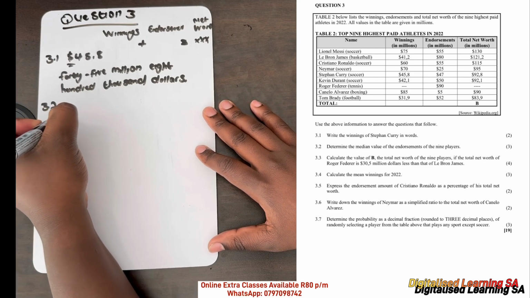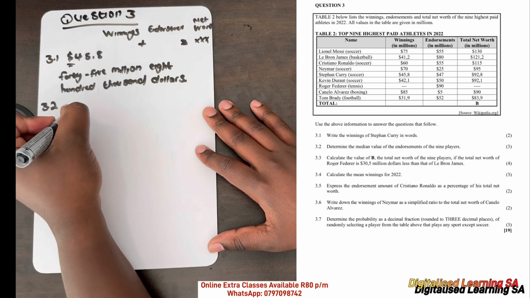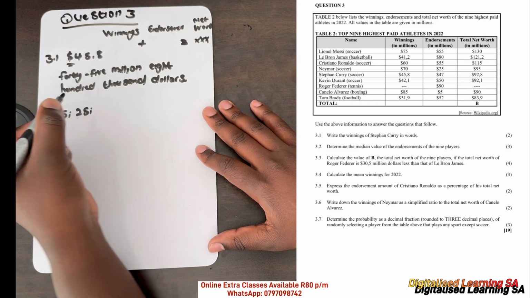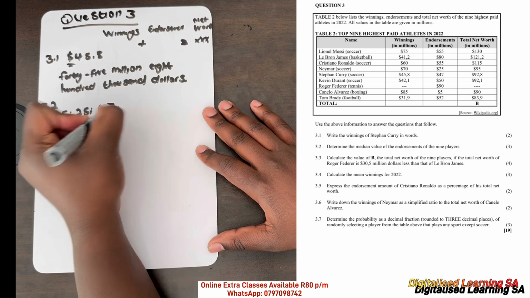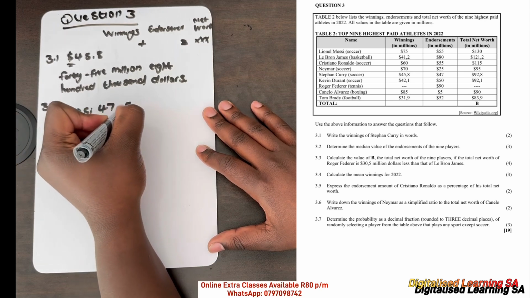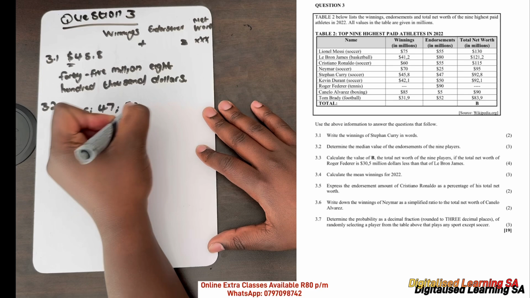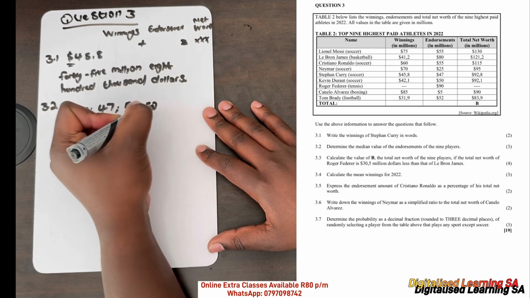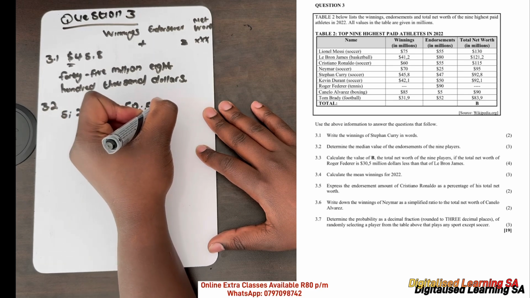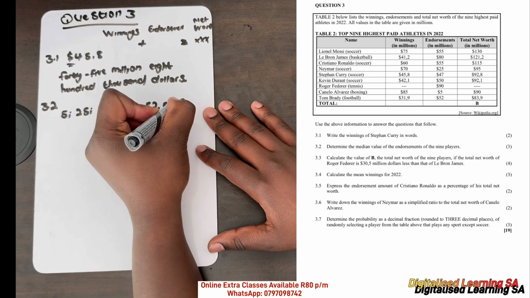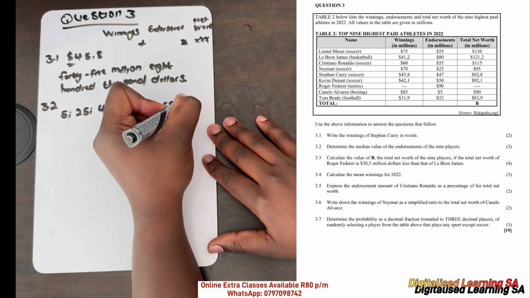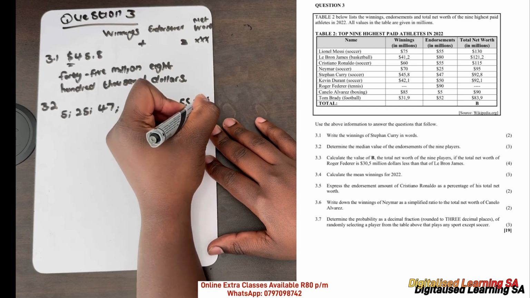So we need to arrange our endorsements from smallest to highest. The smallest one is 5, followed by 25, then 47, then 50, followed by 52, followed by 55, and then 55, then 80 and 90.